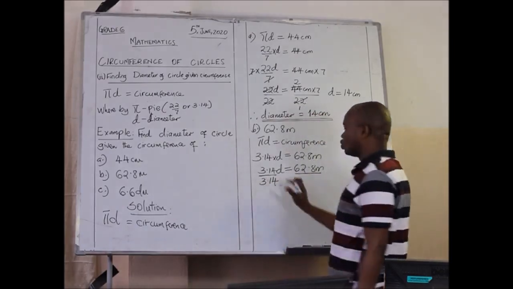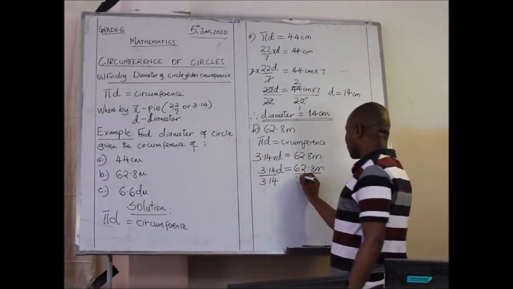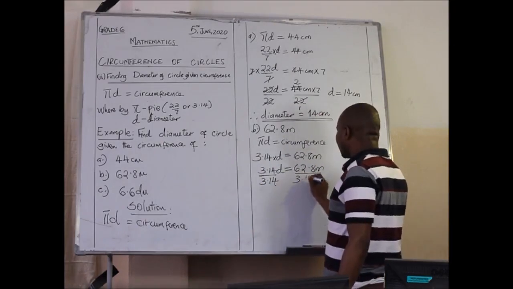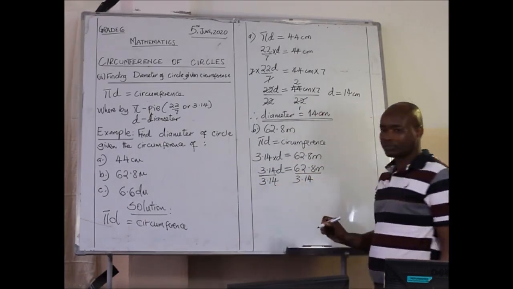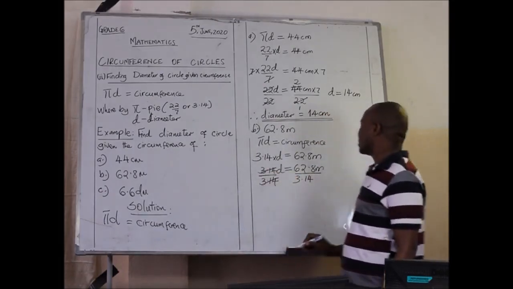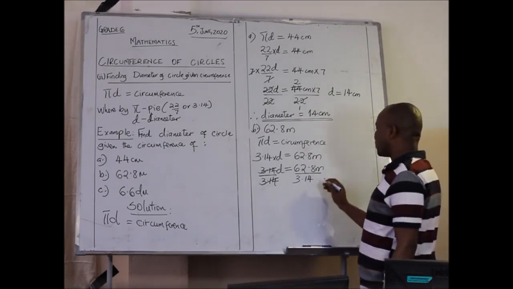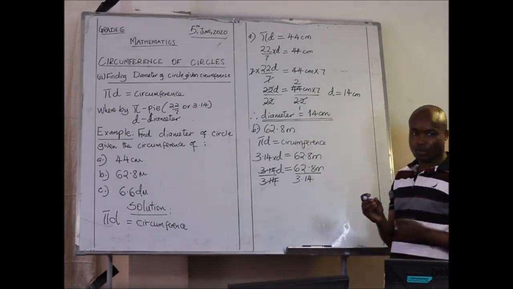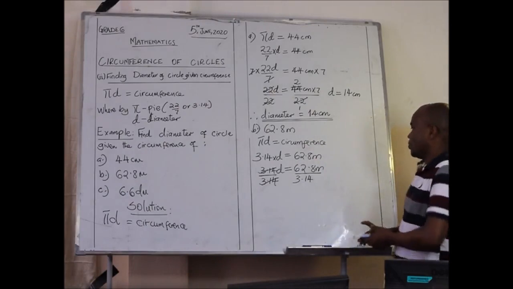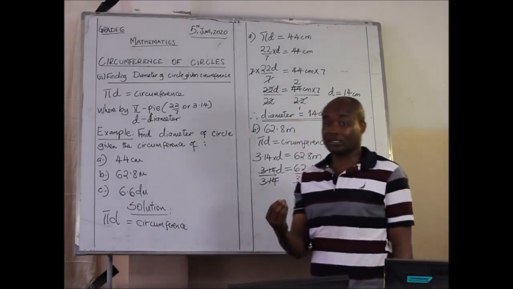Divide both sides. What you have done to this side, you have to do to the other side. So we'll divide also by 3.14. The 3.14s cancel each other, so we remain with this. Thereafter, consider the decimal. When dividing decimals, you cannot divide until you change them to whole numbers.